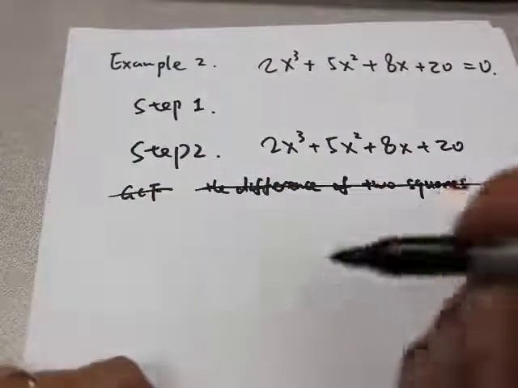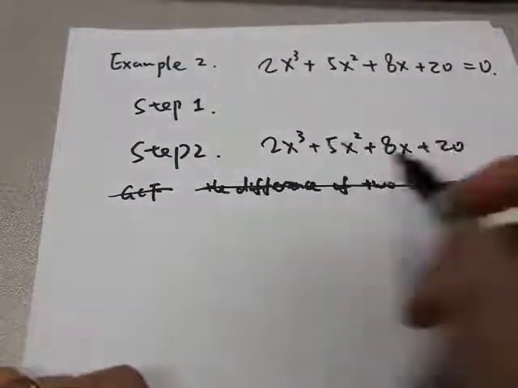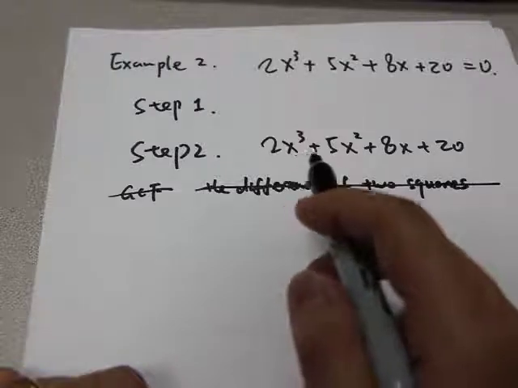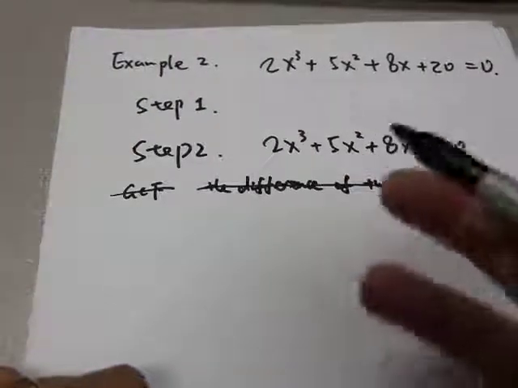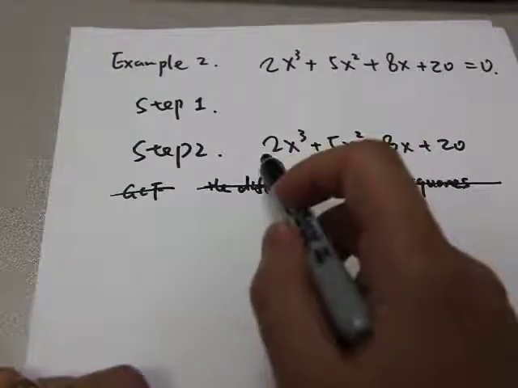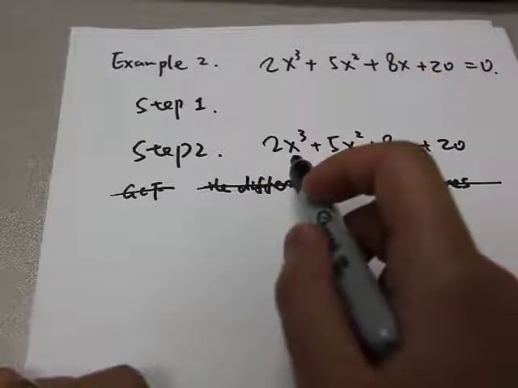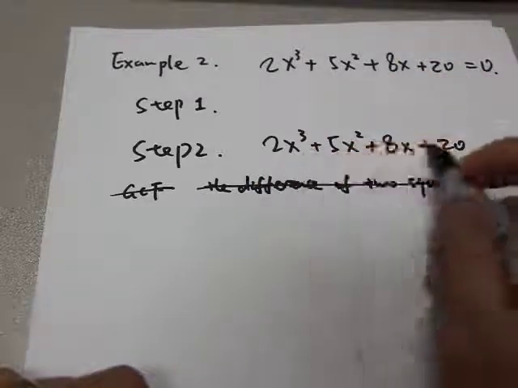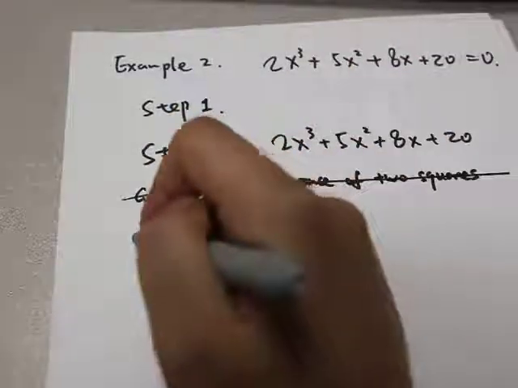And the third way is to factor a trinomial, right? Which doesn't apply here because this is not a trinomial. A trinomial is a polynomial with 3 terms. So the only way we can use is grouping, right? There are 4 terms, so we can use grouping.